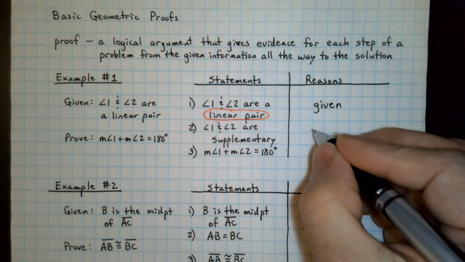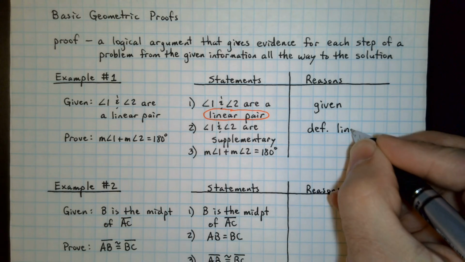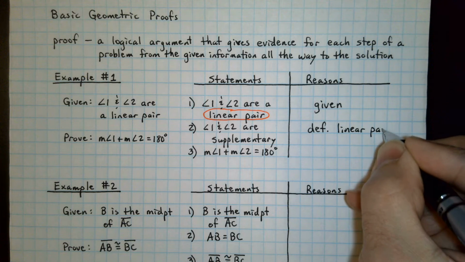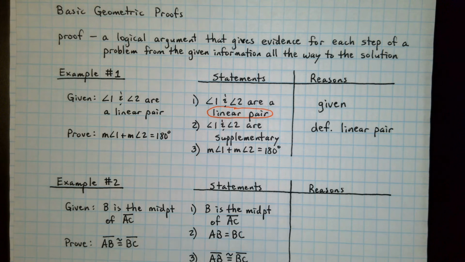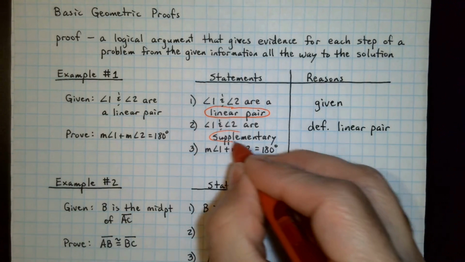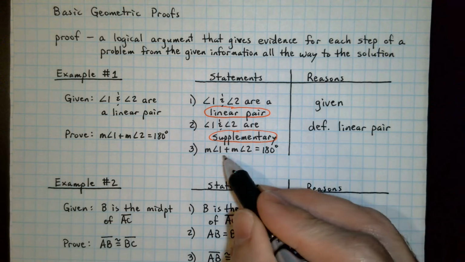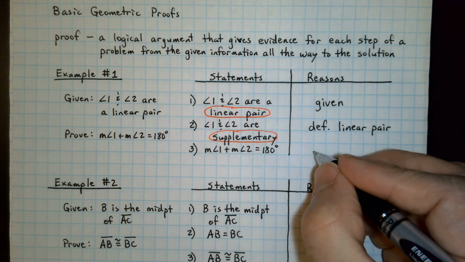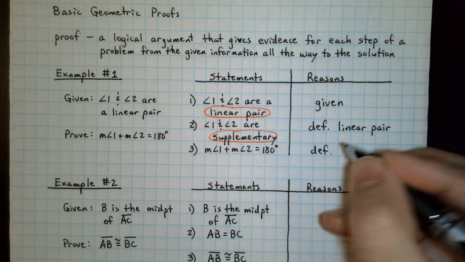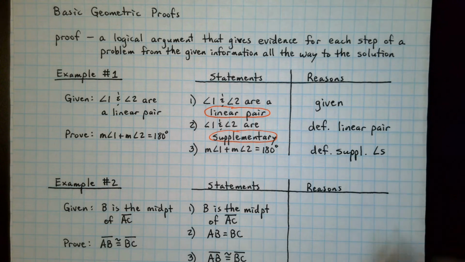So here for my reason, I'm using the definition of linear pair. Well, I see another word that I can use, supplementary. The definition of supplementary angles is that they will add up to 180 degrees. Well, that's what I have stated here in statement number 3. So my reason: definition of supplementary angles, and I'll abbreviate it that way.